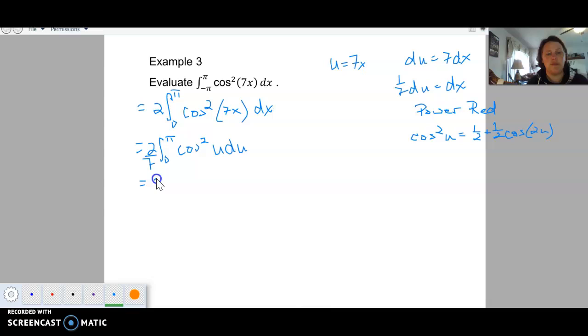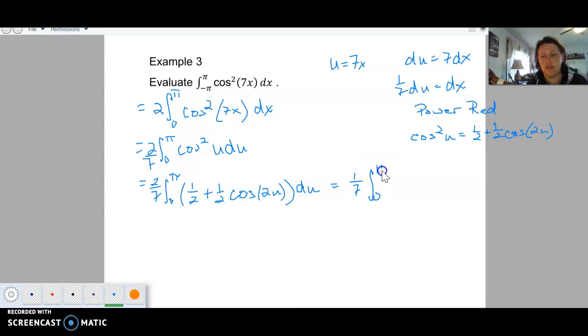Okay, so we've got a 2/7 out in front. 0 to pi is our integral. And now instead of cosine squared, I'm going to have 1/2 plus 1/2 cosine of 2u du. I like to pull that 1/2 out, so that's going to give me 1/7 times the integral from 0 to pi.